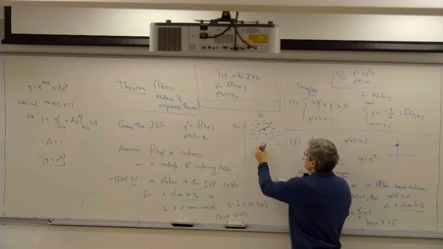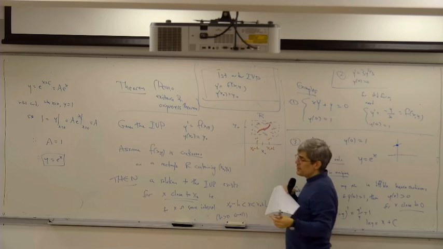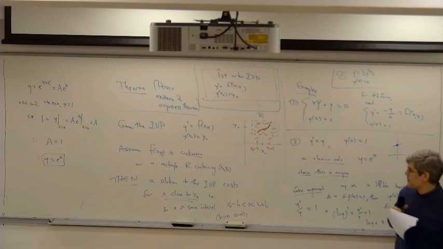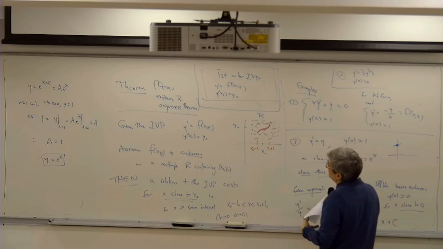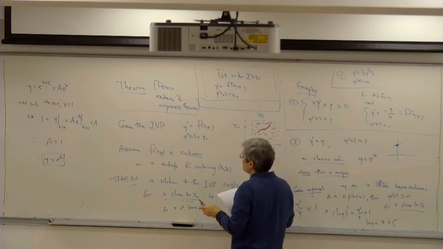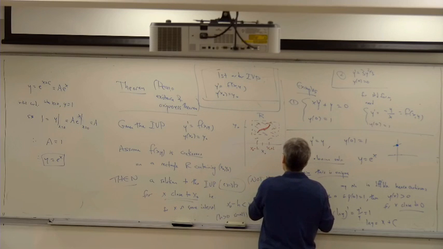So this would be x0 minus h, and this is x0 plus h, and the solution is somewhere here. We're not going to try to prove this, but let's sort of see why it is true in our cases. This is just existence. So notice this is exists, and it's not necessarily unique.